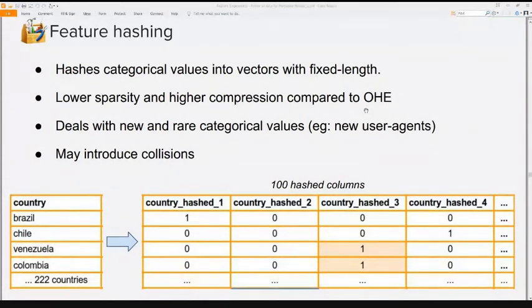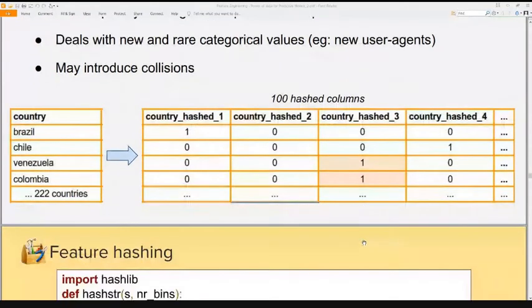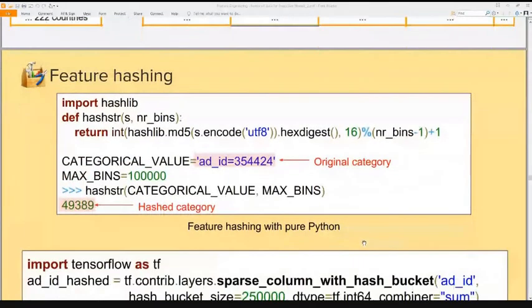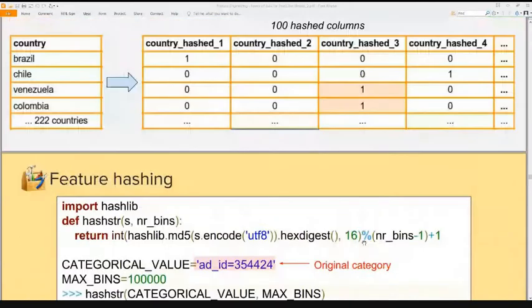What is unique about it is its ability to deal with new and rare categorical values, like new user agents. However, it may introduce collisions. For instance, here we have Venezuela, Colombia, so that's the feature collisions which were being talked about.